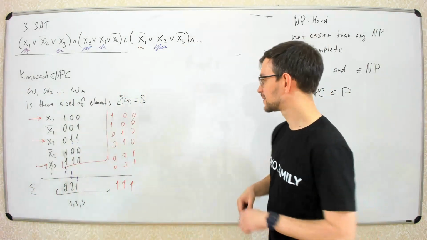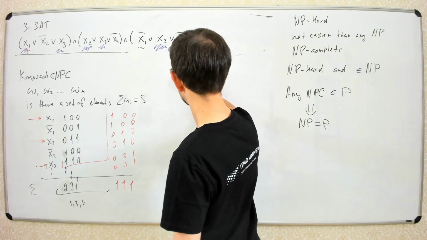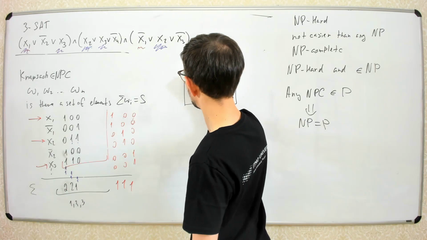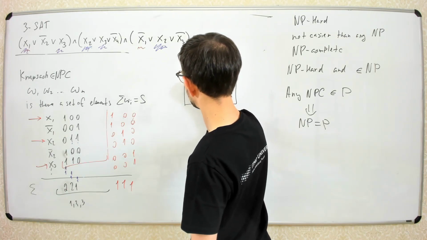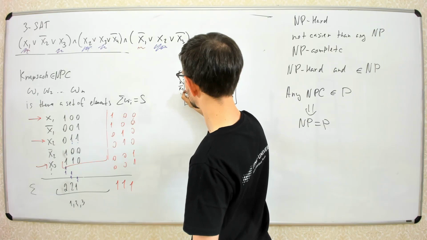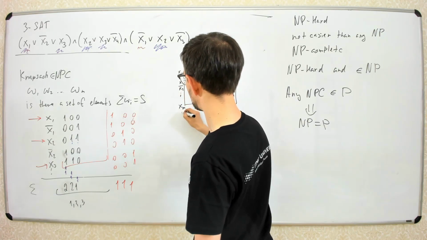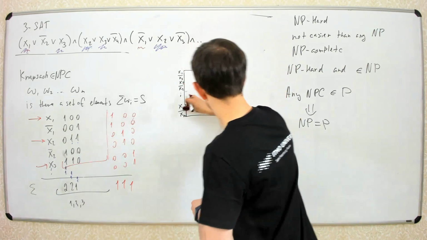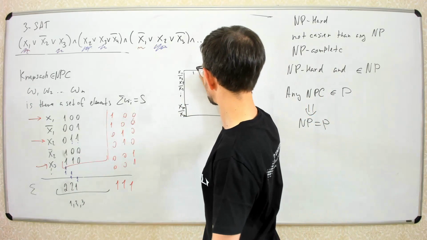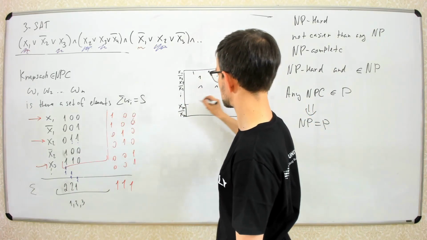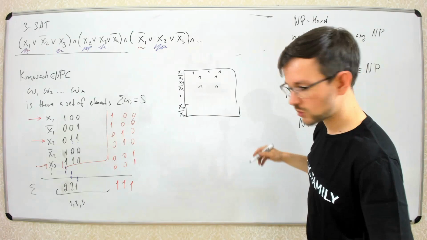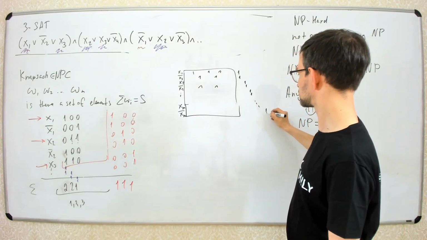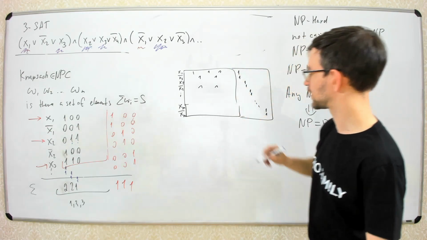Good enough. Let me put the whole picture here. So you have x1, not x1, x2, not x2, and so on, xm, not xm. So you have this part where you have ones in positions where you have these elements. This is the interesting part. Now here you have ones in these positions, like this.